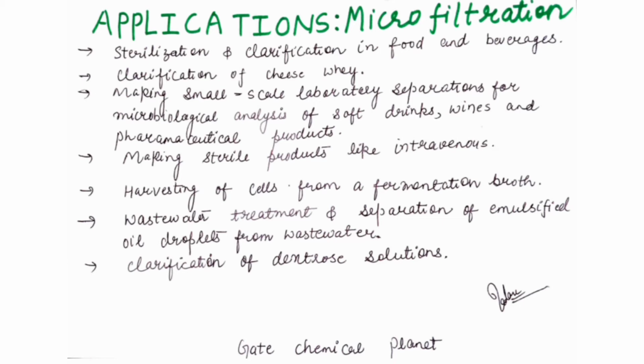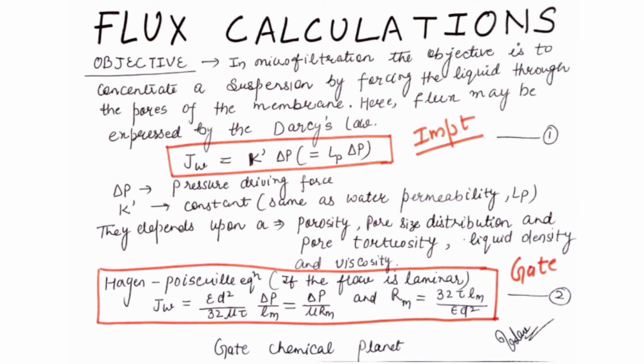Now we will come to some calculations related to flux for the microfiltration case. The objective of microfiltration is to concentrate a suspension by forcing the liquid through the pores of the membrane.